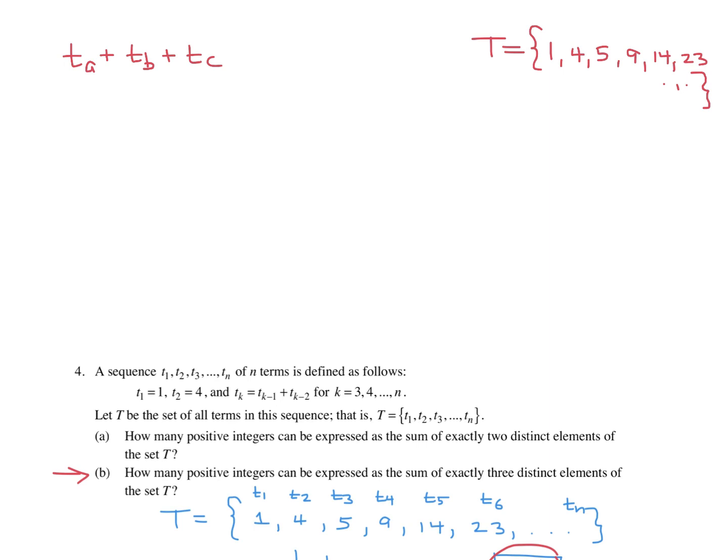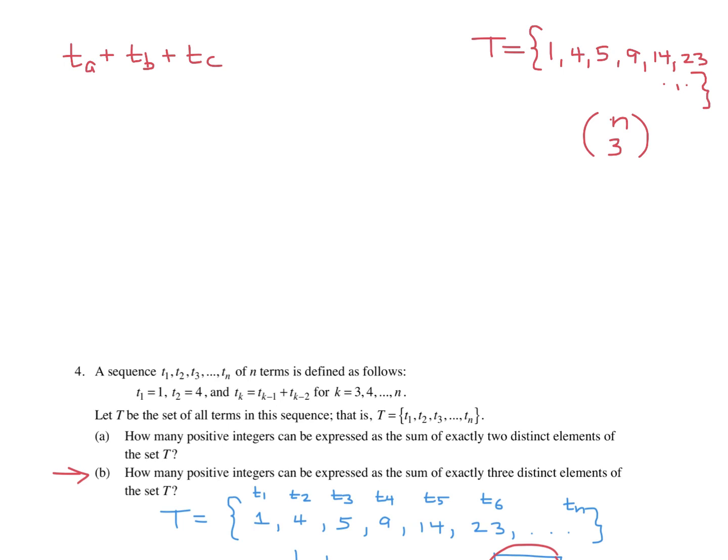Well, let's see. As before, the total number of terms in this set is n, right? And we're selecting 3 this time. So n choose 3. This is the total. But my question, just as before, is are there any that are the same? Because if they are, we have to then subtract those from this.